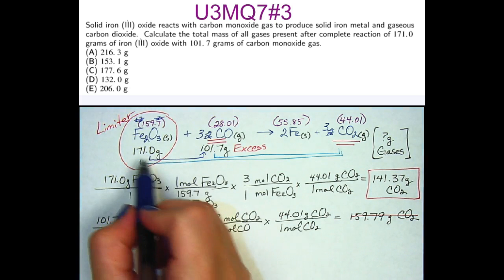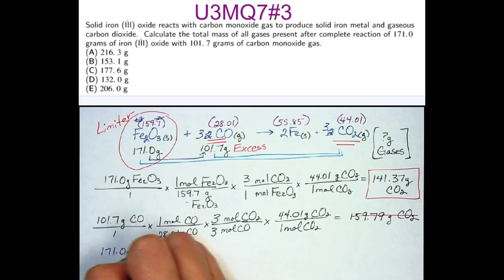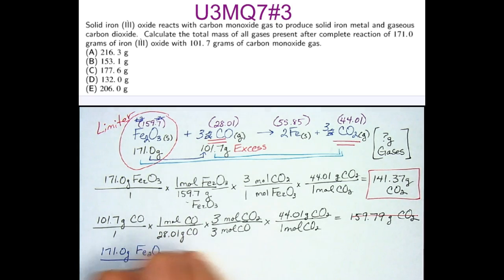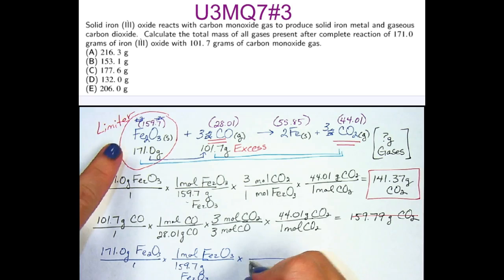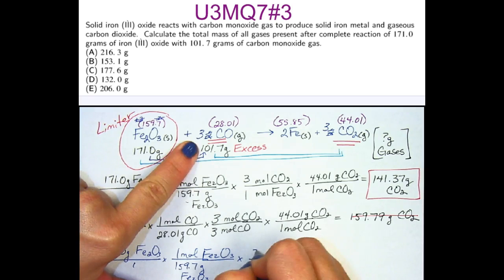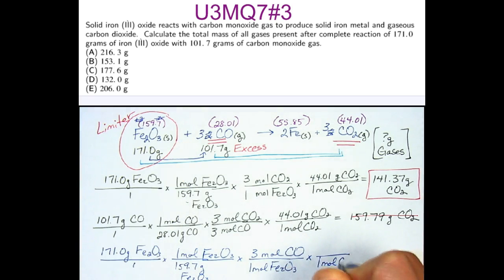So now I'm going to do a stoich problem from this given and figure out how much carbon monoxide it will consume. So 171.0 grams of iron oxide. Use the molar mass from the periodic table. It's 1 mole of iron oxide to 3 moles of carbon monoxide, and then we'll convert from moles to grams from the periodic table.